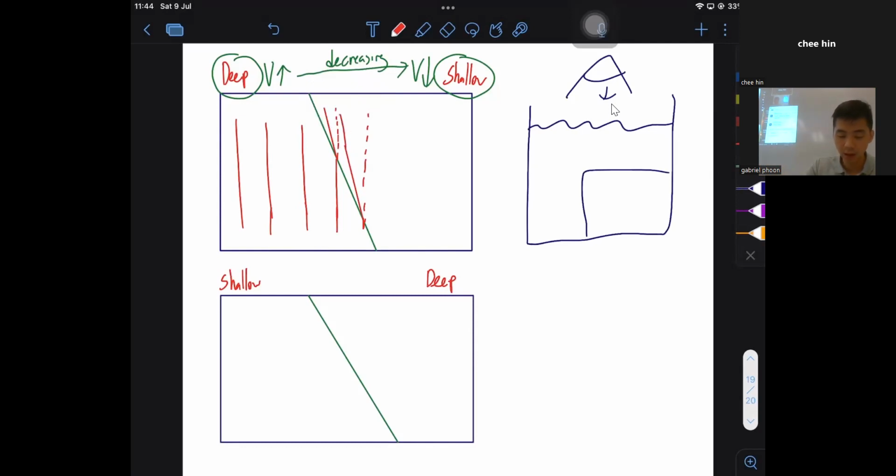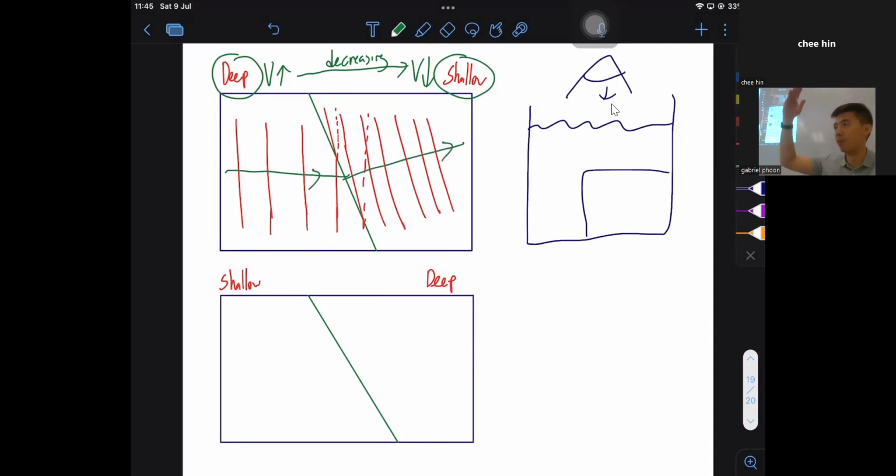Since I have these two lines as reference, I can start drawing the rest of it. Once the wave goes through this region here, it will be refracted and move upwards instead because the wave is lagging behind already.